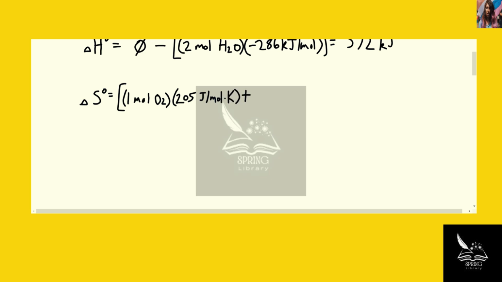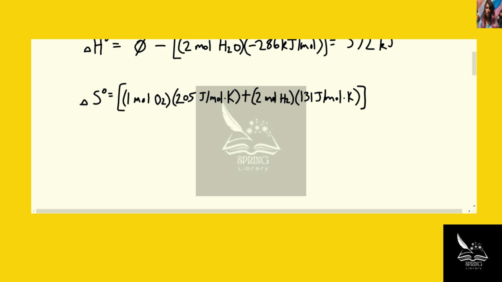Then we add this to the other product where we have 2 moles of H2 gas, and its standard molar entropy is equal to 131 joules per mole times Kelvin.